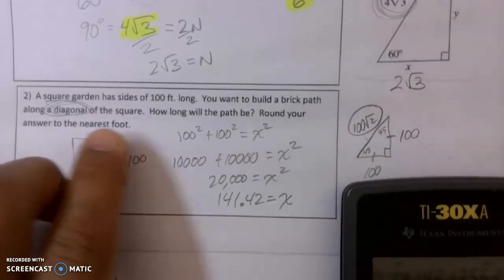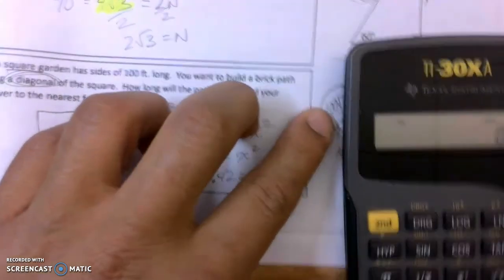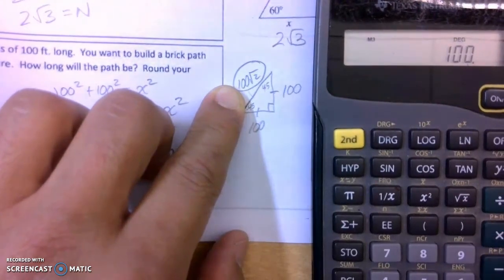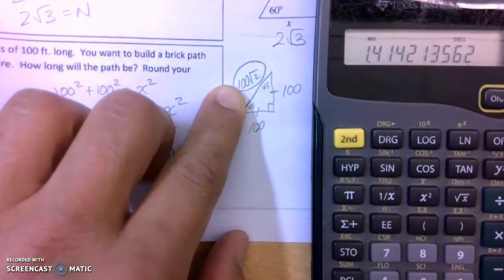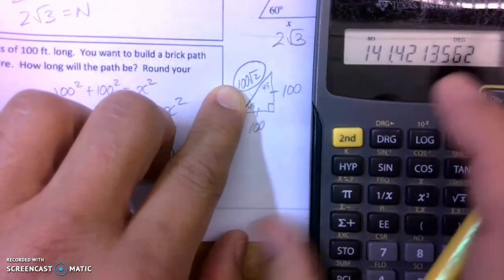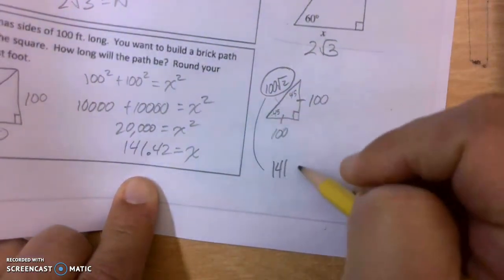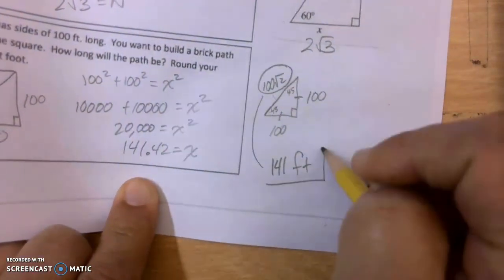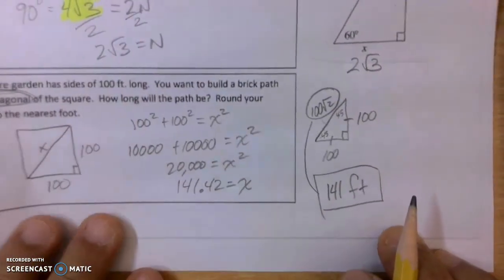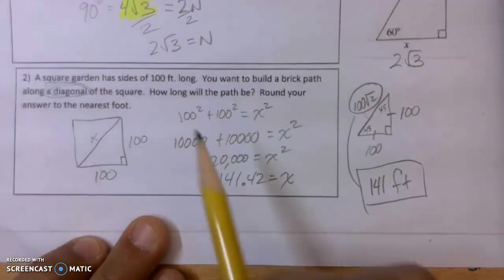But they want to round it to the nearest foot, so if I go to the calculator and go 100 times radical 2, you get 141, which is what we had here. So this is the same as 141 feet. I'm rounding it to the nearest foot. Okay, and that is number 2, where you have a little word problem.